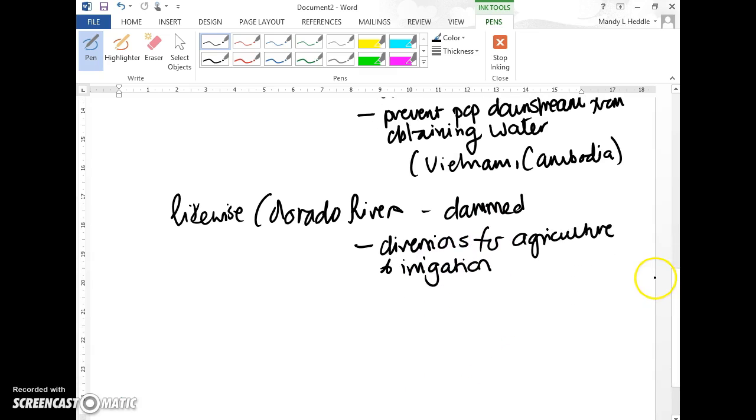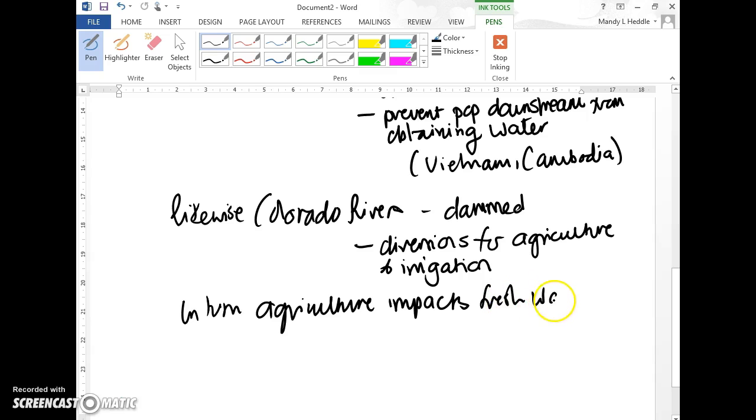Okay, and then I can lead on from there. So in turn, agriculture impacts fresh water by polluting with fertilizers.